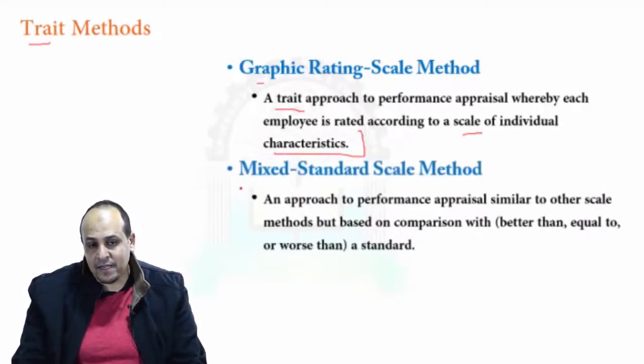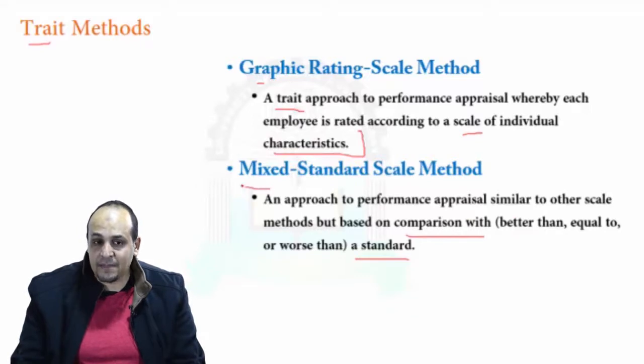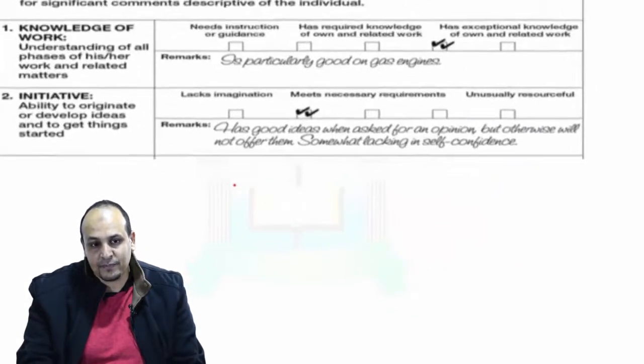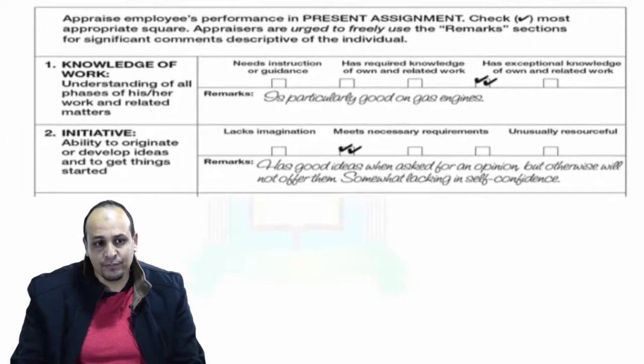The other kind of method is the mixed standard scale method. Now, this approach to performance appraisal is similar to other scale methods, but based on comparison with, better than, equal to, or worse than a standard. So that's why we refer to it as the mixed standard scale method. Now, here's an example.